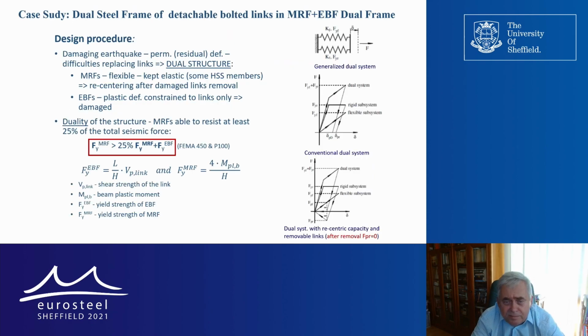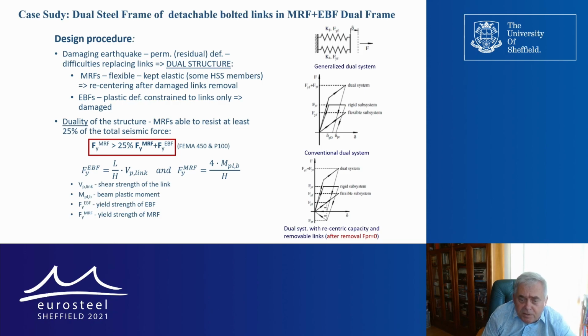We have applied the scheme about which we have already spoken. We followed to have at least 25 contribution from the moment frame. This is the situation which I have already discussed with you when no, let's say, recentric capacity was available.